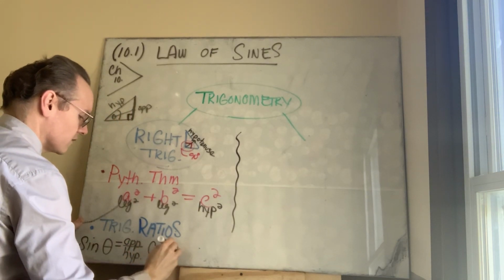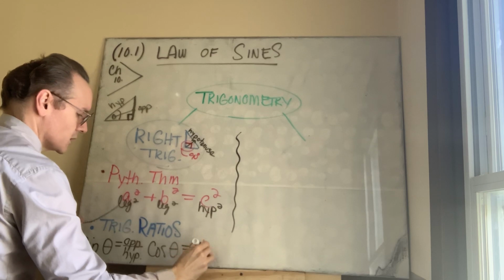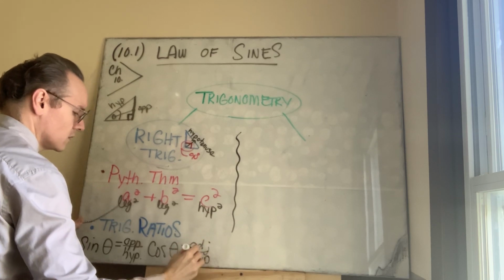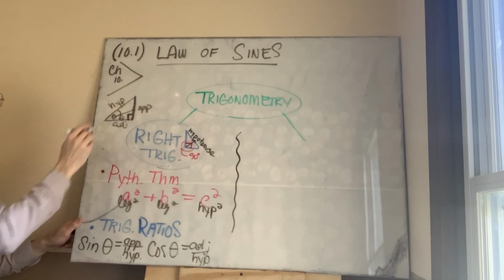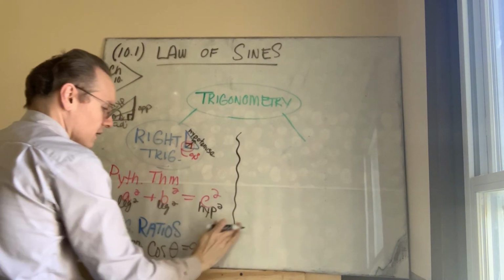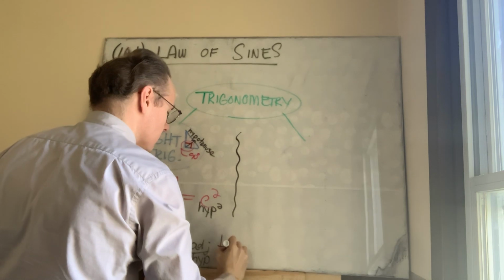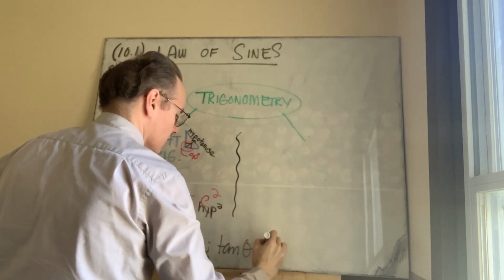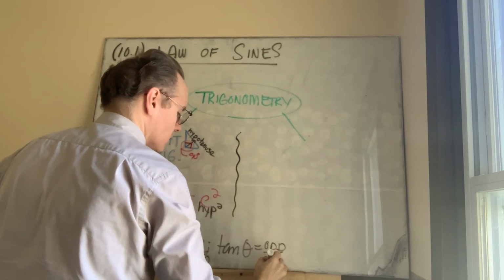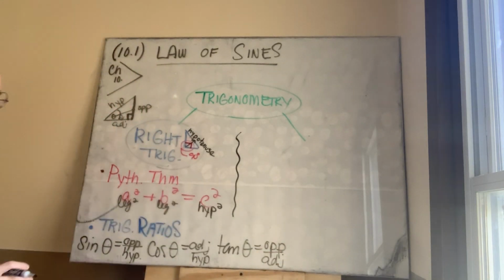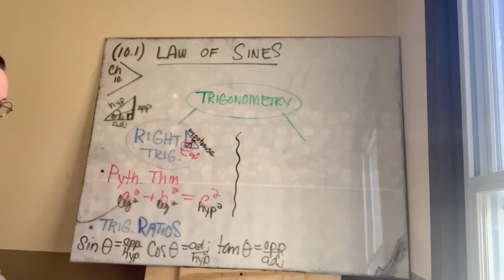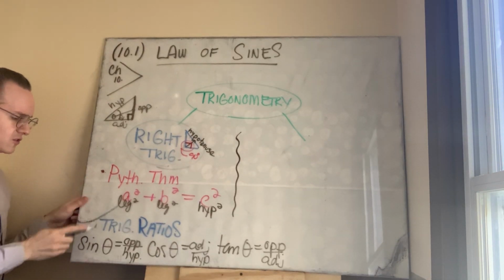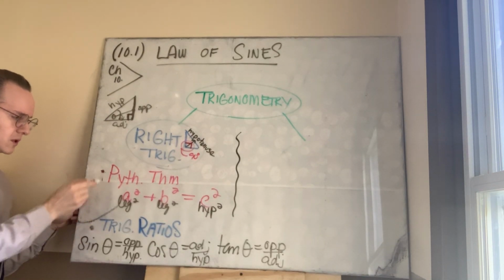Cosine of theta, the same angle, is the adjacent dimension over the hypotenuse. Adjacent would be right next to the angle here. And lastly, tangent of the angle is the opposite over the adjacent. There are naturally many identities, as you have seen, and you have access to, but these are the most fundamental. Right?